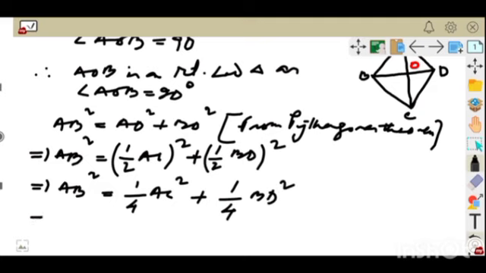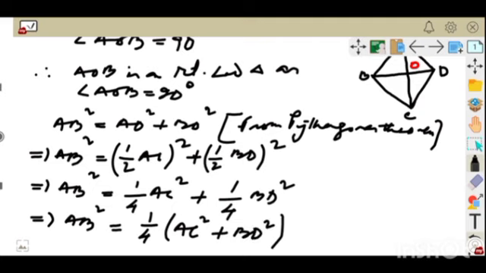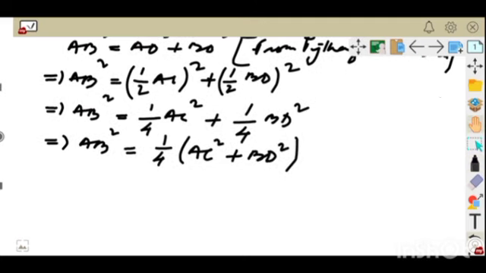Then I can write here implies AB square equal to, let me take 1 by 4 common now, 1 by 4 times AC square plus BD square. Below this we can write implies 4 into AB square equal to AC square plus BD square.